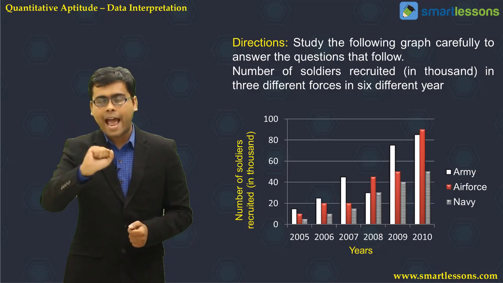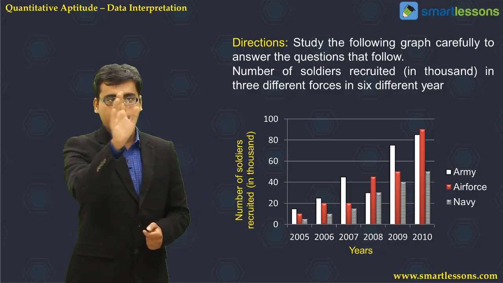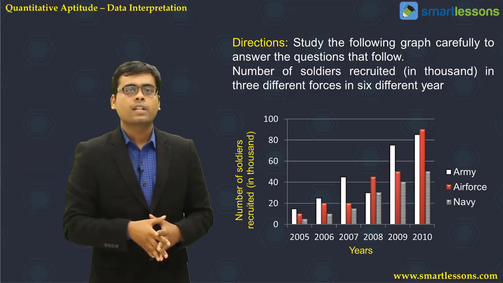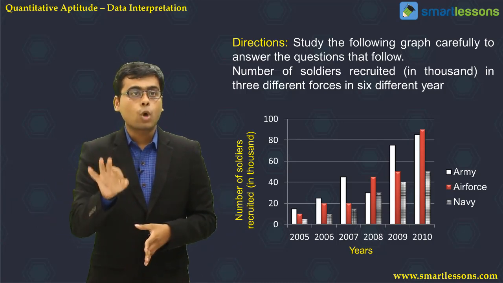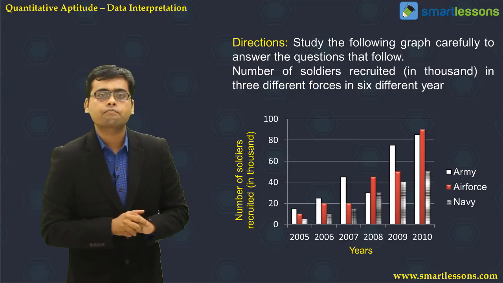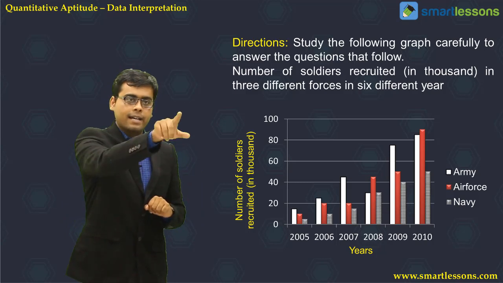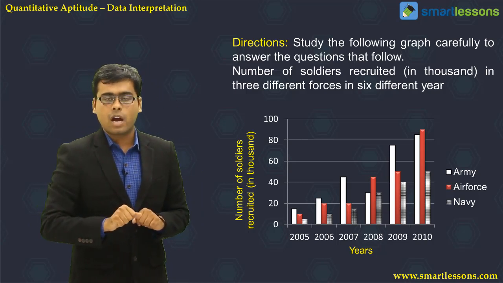The horizontal axis of this chart represents different years like 2005, 2006, 2007, 8, 9 and 10. And the vertical axis represents the number of soldiers recruited, that is in 1000. One more piece of information is that you can see three different colored bars in this chart.